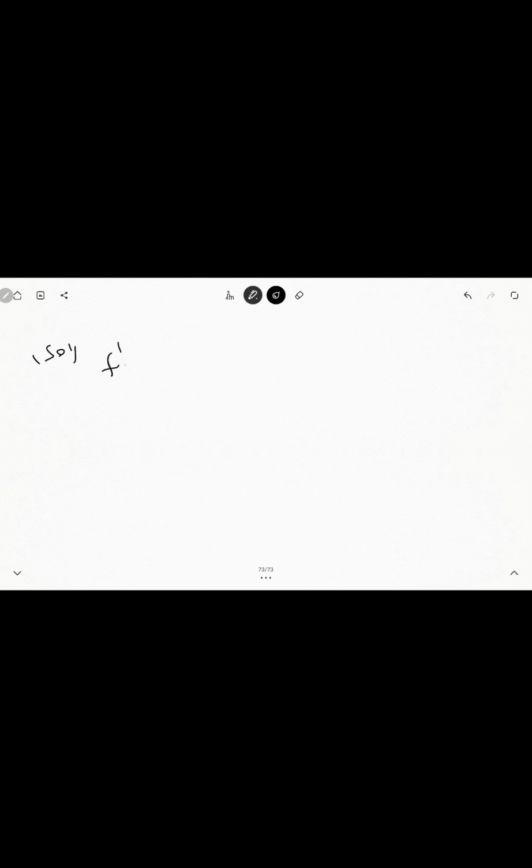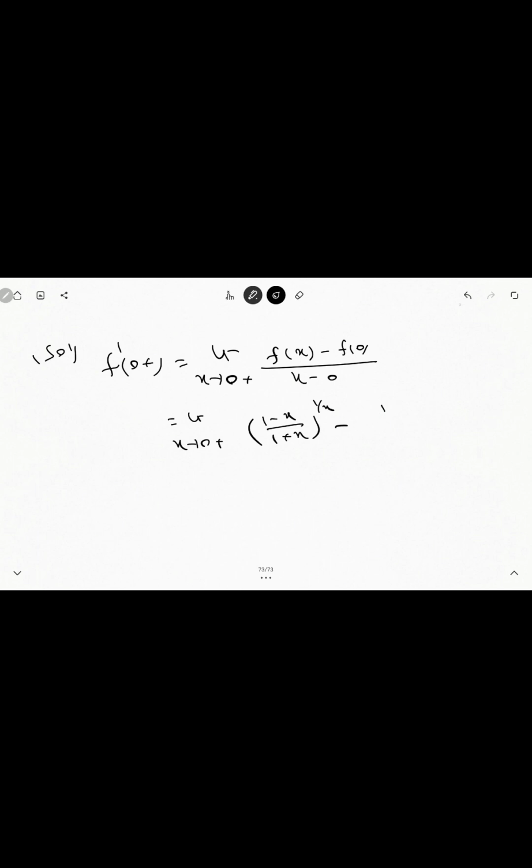So f dash 0 plus, suppose, by first principles, limit x tends to 0 plus of (f of x minus f of 0) by (x minus 0). f of x means (1 minus x by 1 plus x) whole to the power of 1 by x minus 1 by e square, e power 1 by 2, by x.